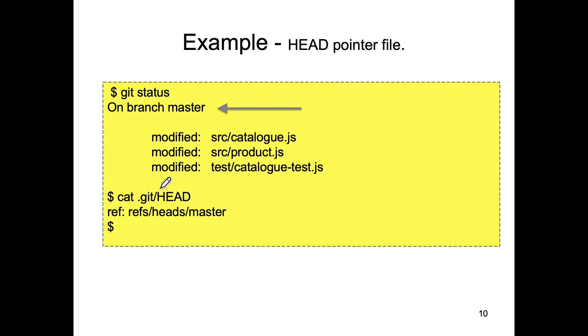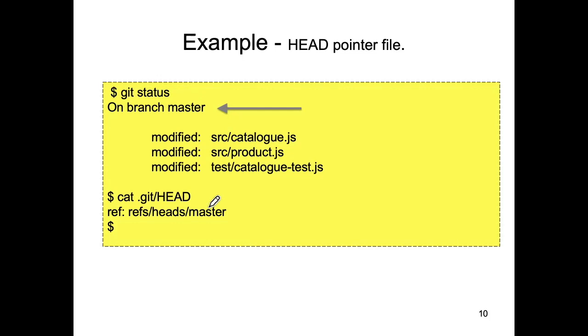But I'm asking it to display the contents of a file called head, which is just inside my Git repository. And this is what we'll get back, something like this. It just refers to the path name of one of my branch files. And so that's what Git looks at when you do a git status. That's how it knows what branch you're currently aligned with.